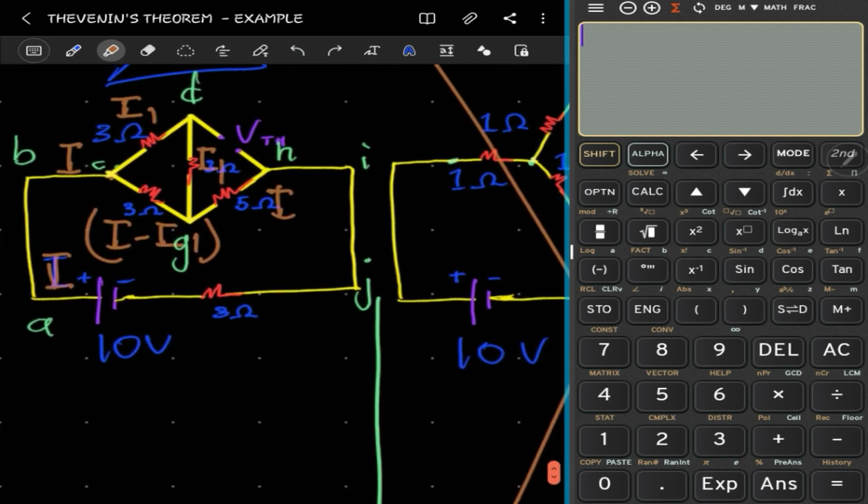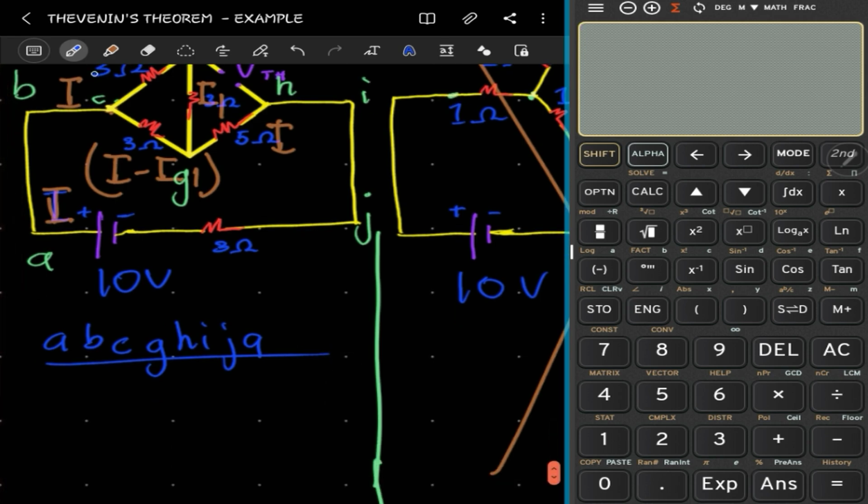So if you consider this loop, A, B, C, G, H, I, J, E. The loop is just for us to see what's happening. So if you consider this one, we are using Kirchhoff's voltage law. That means we have 10. We are choosing this direction for now.